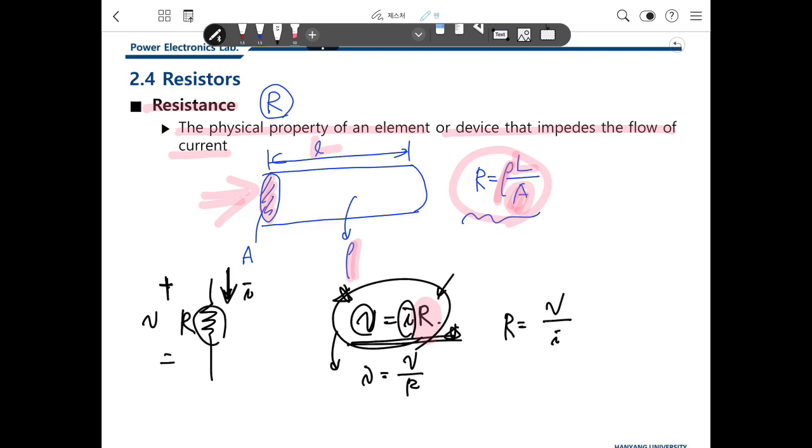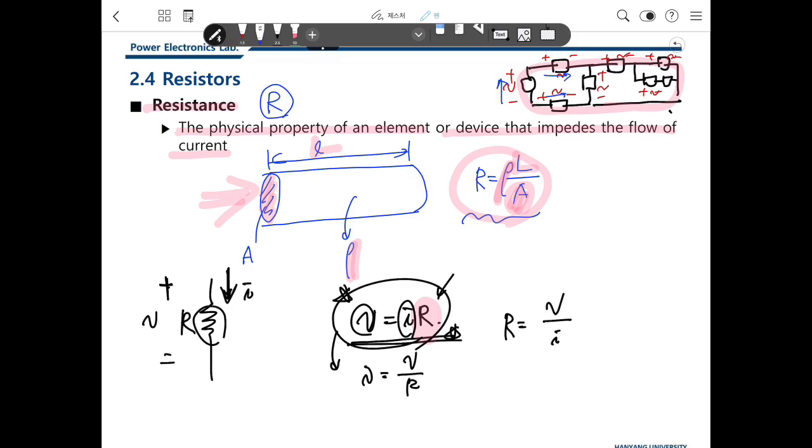When analyzing an electric circuit, there will be very many elements, connected this way and that way, a very complicated arrangement. When we say we know this circuit, we can analyze this circuit, it means we can define all the voltages here and we know all the currents here.